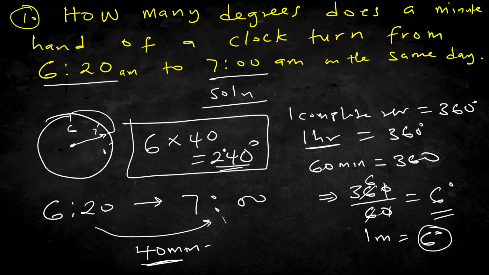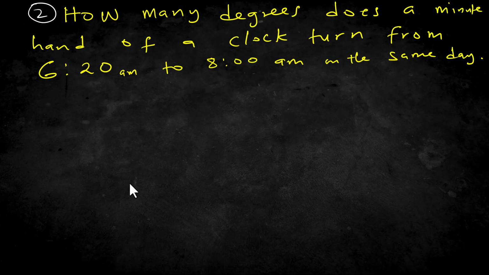All right, example 2. This one will guide you and it will help you understand the concept very well. How many degrees does a minute hand of a clock turn from 6:20 a.m. to 8 o'clock a.m. on the same day?